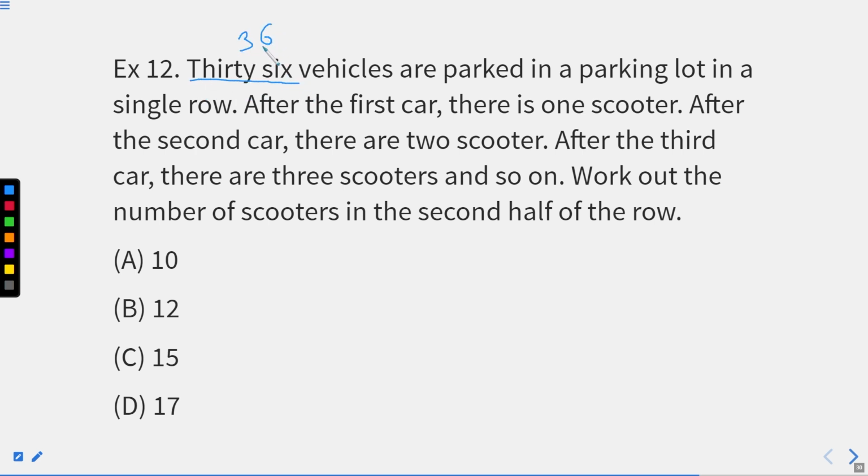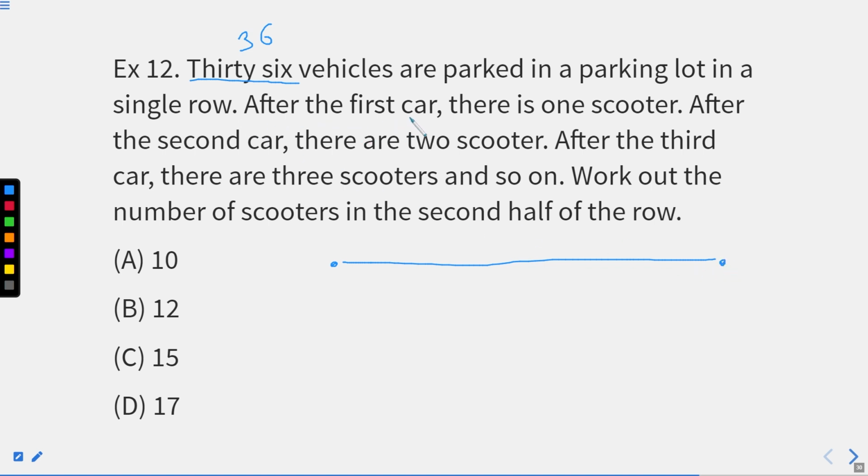When you start marking the question while reading, it will become easier for you to find the solution. So 36 vehicles are parked in a parking lot in a single row. It means they are arranged in a single row like this. First vehicle from the left till the last vehicle to the right, right?